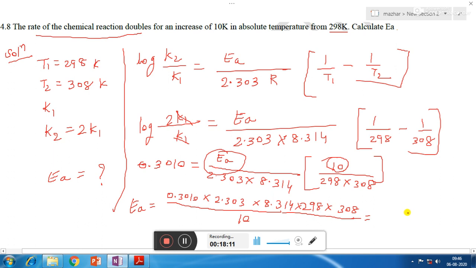So on solving this, our final answer will be 52,897.78 joule per mole. And if you want to convert it to kilojoule per mole, we have to move the decimal point 3 digits towards the left. So finally you will get 52.897, that is nearly equal to 52.9 kilojoule per mole, which is our final answer.